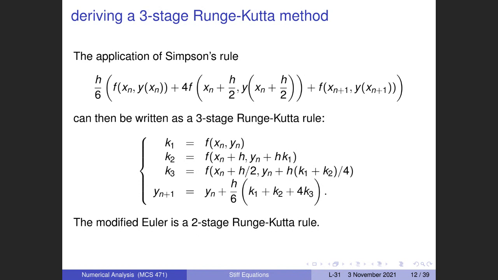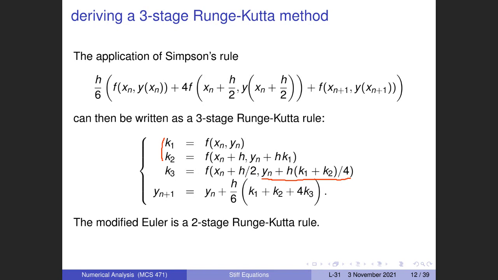K1 and K2 are what is used in the modified Euler, so that will be important in what follows. But perhaps I should emphasize this again, we have just derived the rule to replace the value of the unknown function y at the midpoint.